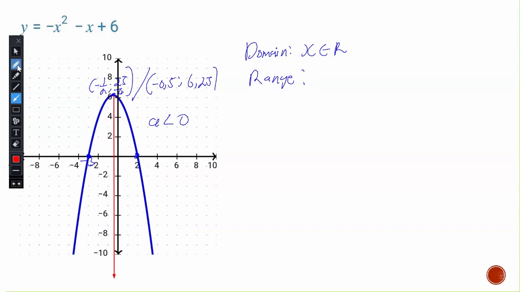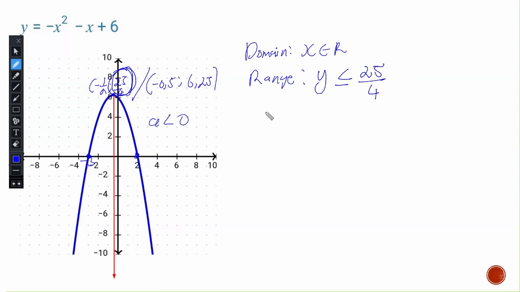So in writing out our range, let's focus on the y value of the turning point. We say y needs to be less than or equal to 25 over 4. So now you get the whole difference. When it's concave down, you say y is less than or equal to the y coordinate of the turning point. When it's concave up, y is greater than or equal to the y value of the turning point.